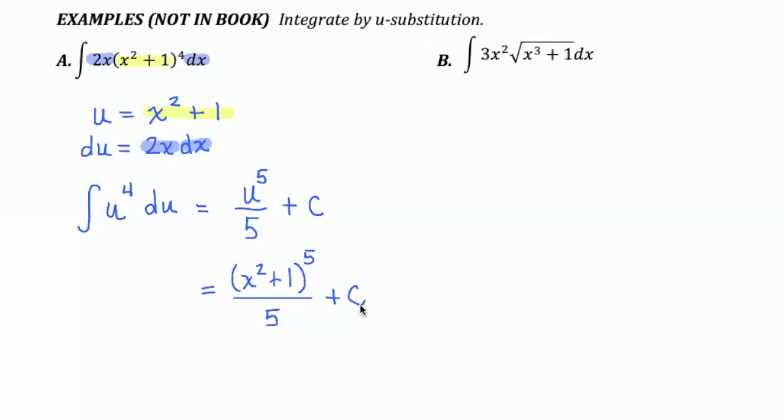So now that we've got that first example complete, let's look at it one more time. You begin by identifying a u, and usually your u will be what's inside parentheses or under a radical sign. You write your u, then you take the derivative of u, and you check to see that it matches the remaining parts of the integral.